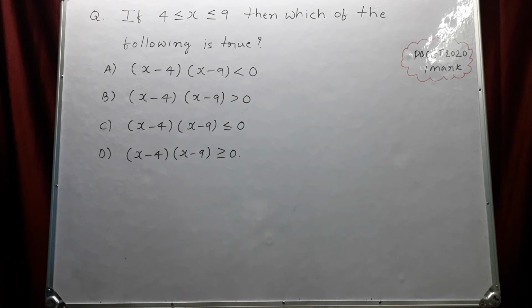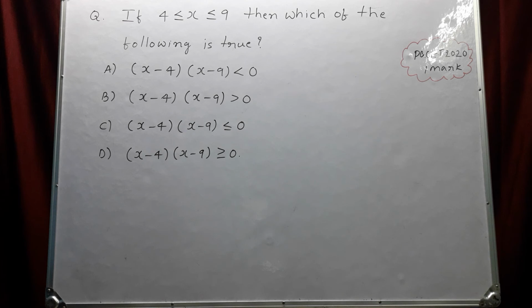Next question. If 4 is less than or equal to x, which is less than or equal to 9, then which of the following is true? First option, (x minus 4) into (x minus 9) less than 0. Second option, (x minus 4) into (x minus 9) greater than 0.